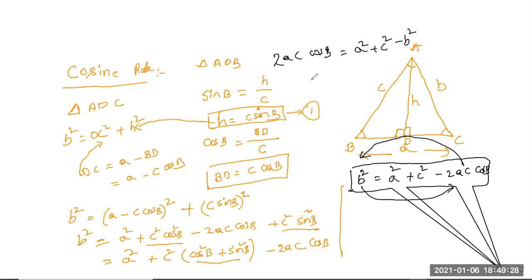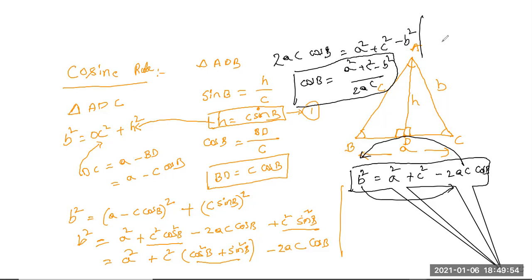So you can write cos B is equal to A square plus C square minus b square divided by 2AC. Basically, cosine rule relates sides with the cosine of the angle, whereas sine rule relates sides with the sine of the angle.